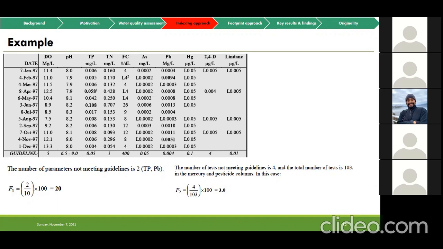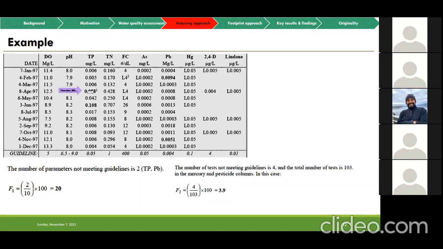If you look at F1 at the bottom, it's written 2 out of 10 times 100, which is 20. How 2 out of 10? If you notice on the table, I again tried to write something. Let's see if that works this time. Can you see the screen? I've put something. Yes. So this is 0.058.